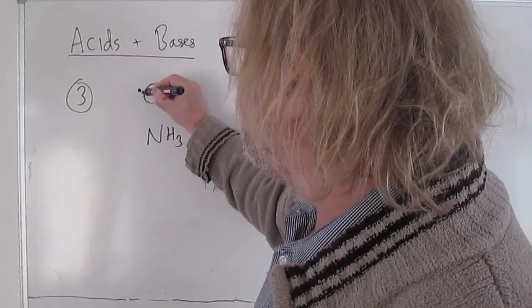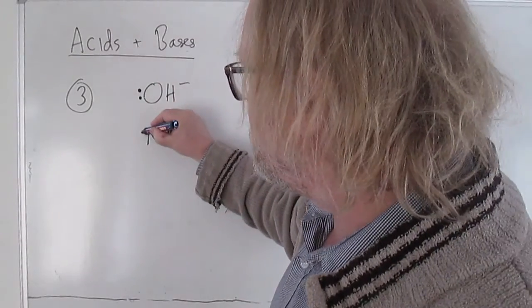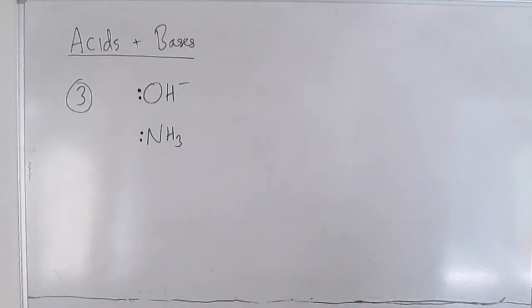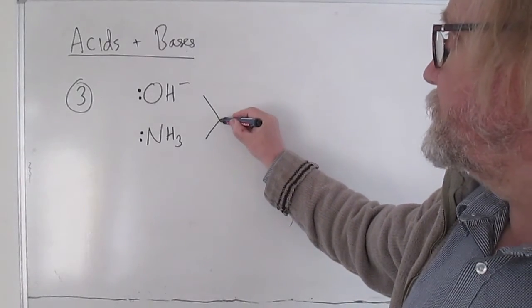OH- actually has 3 lone pairs around the oxygen, but it just needs 1 of them to do that. And ammonia obviously has 1 lone pair on the nitrogen there.